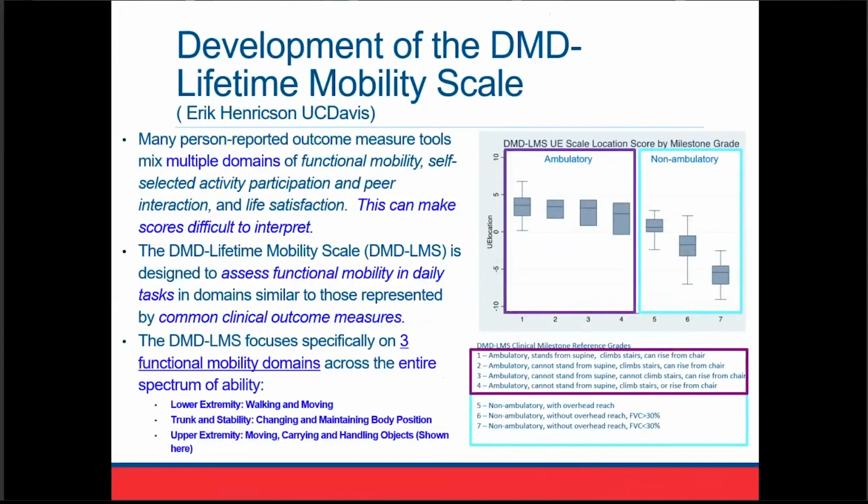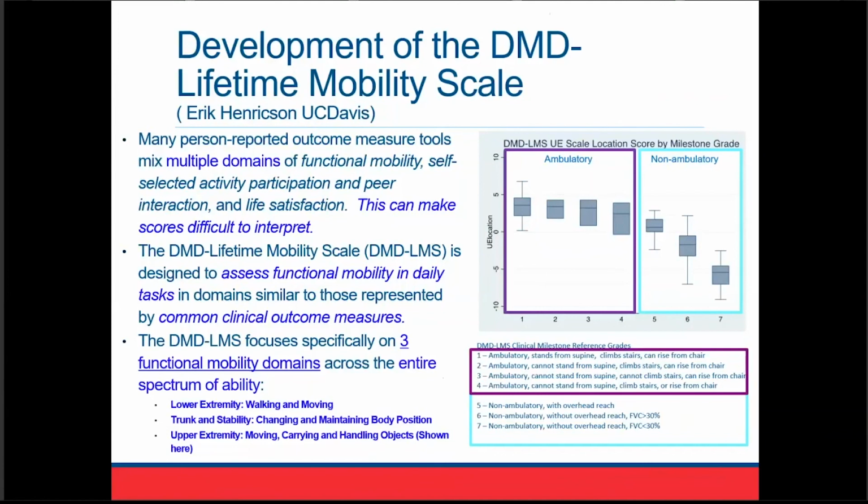One of those efforts you see here is by that same group I just mentioned at UC Davis. This is being led by Eric Henriksen, where he's been working on the development of what's called the DMD Lifetime Mobility Scale. This tool will really enable a continuous scored metric for individuals regardless of ambulatory status or whether they're an observer or the patient themselves.